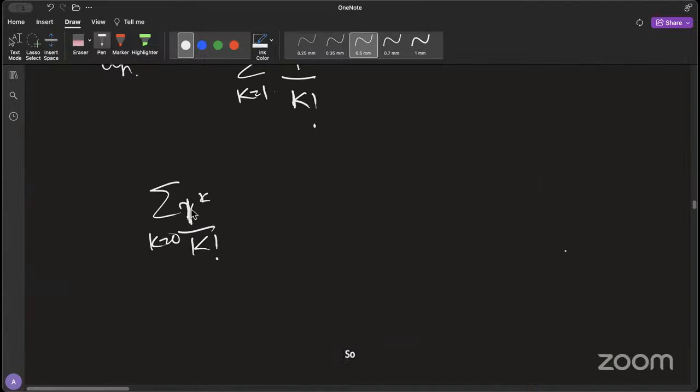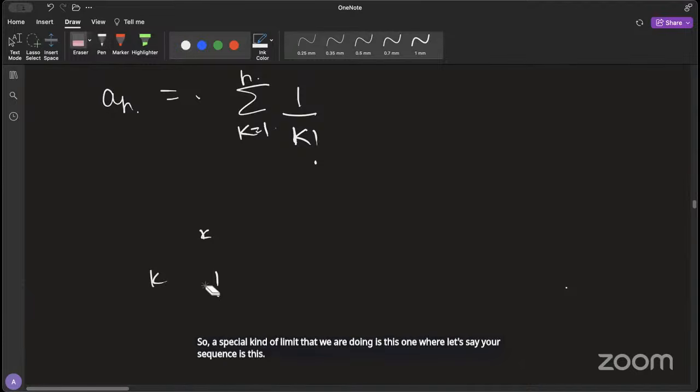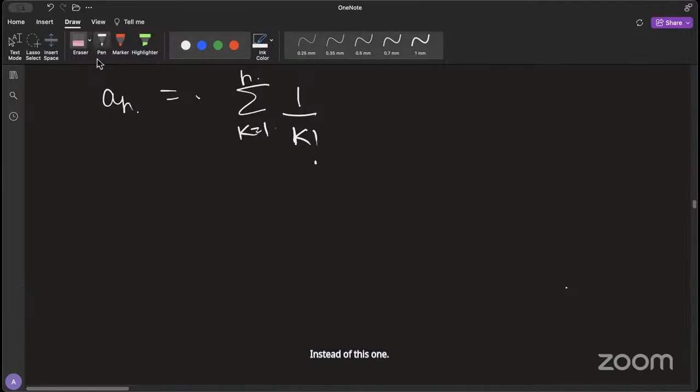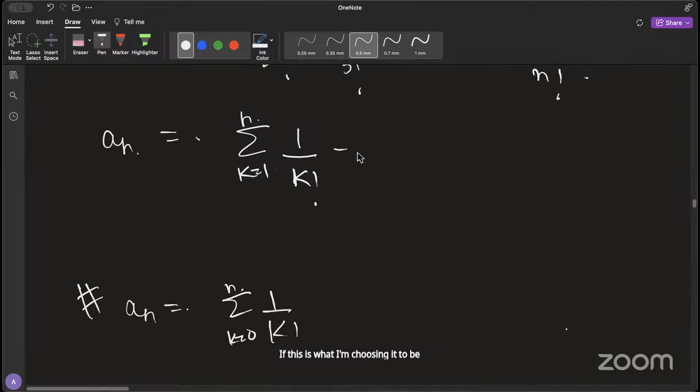So a special kind of limit that we're doing is this one, where let's say your sequence is this instead of this one. Let's say I choose my sequence to be an is equals to summation 1 by k factorial, k varying from 0 to n. If this is what I'm choosing it to be, what is this?